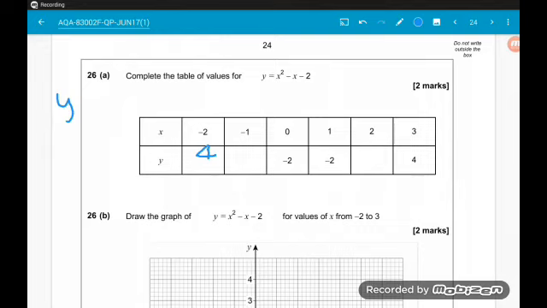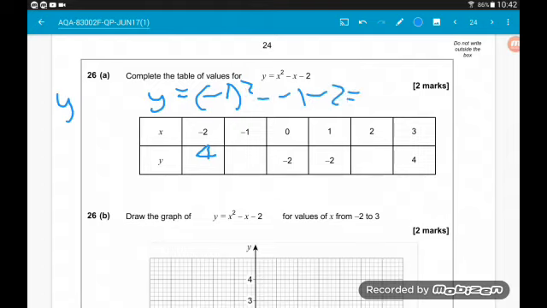Okay, then when x is minus 1, y is minus 1 squared minus 1 minus 2. So, minus 1 squared is positive 1, minus 1 is also plus 1, so we got 2 minus 2, which is 0.